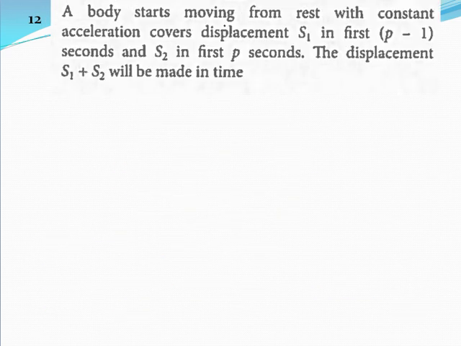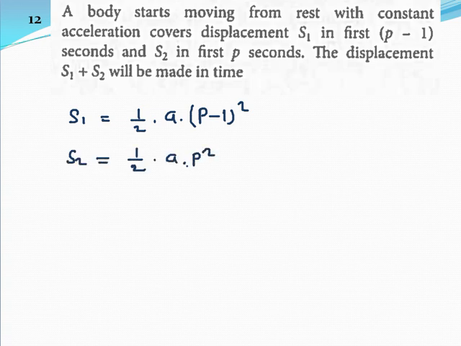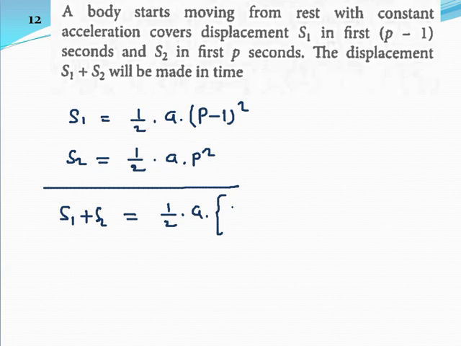Now, a body starts moving from rest with constant acceleration, covers displacement s1 in first p minus 1 second. In first p minus 1 second, s1 is equal to half a p minus 1 whole square, and s2 in first p second, half a p square. The displacement s1 plus s2 is equal to, they have covered in what time interval.